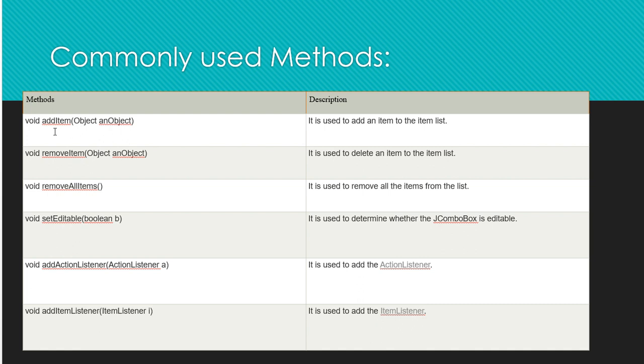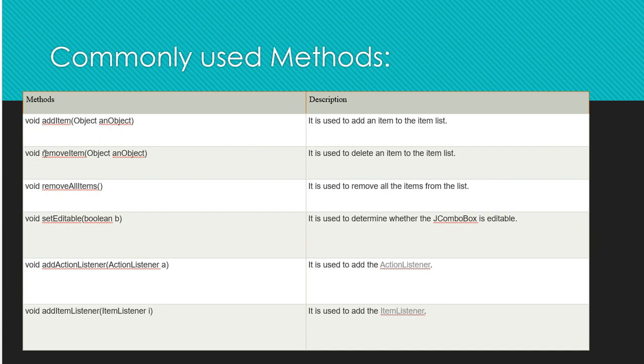We have to make a list, right? Among the list of items we have to choose one, and that is the reason we are using a combo box. From many items we can choose one from the given item set. So first we have to add the items to the combo box, then only we can choose, right? For that the method is addItem.